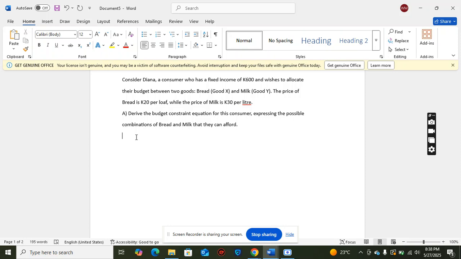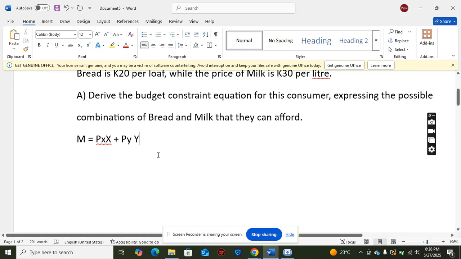So this is the format of the budget constraint equation. M equals Px times X plus Py times Y. M represents the income.